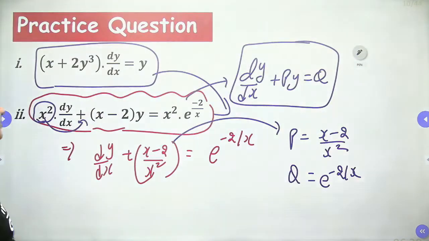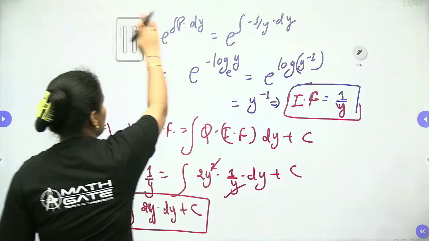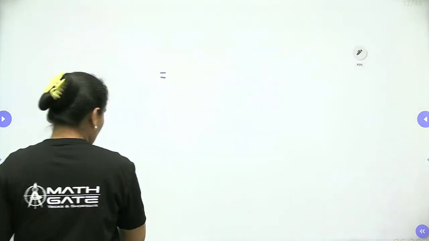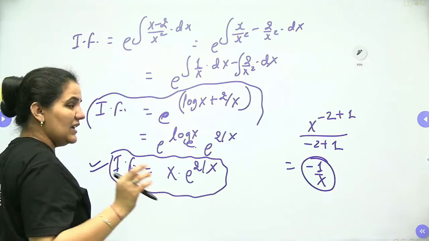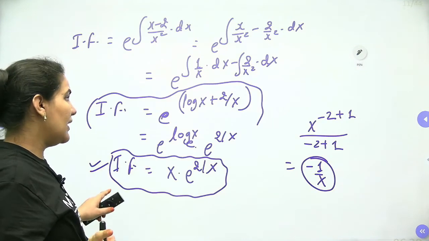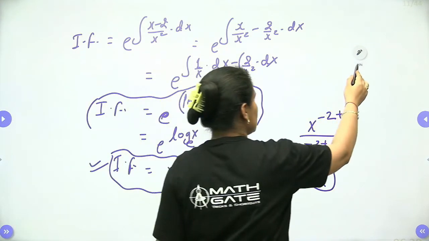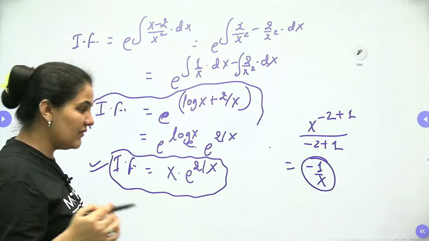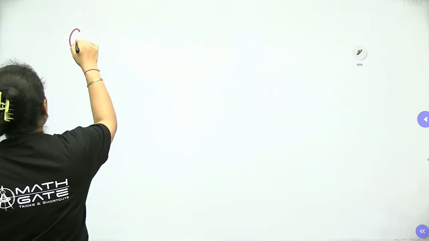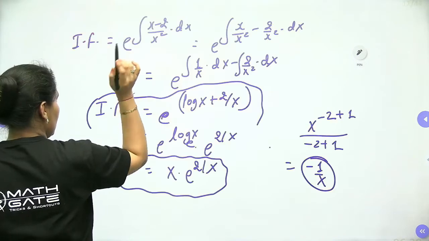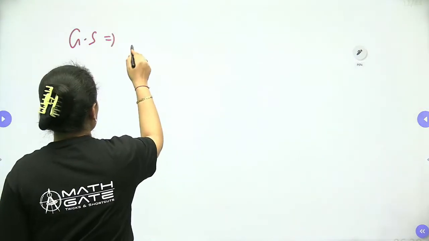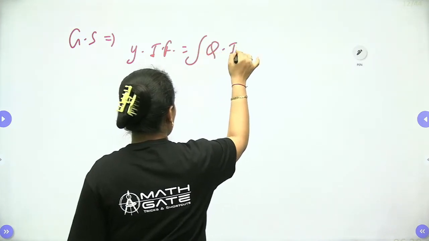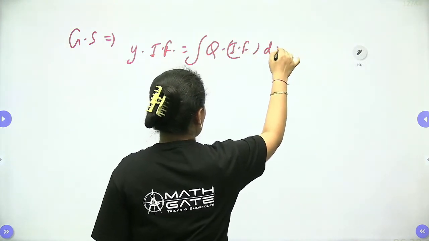Now let's find the general solution. I am approaching each and every step; we are not missing any single step. Here we have the dy by dx form, so we know very well that y into integrating factor equals the integral of q into integrating factor dx plus c.